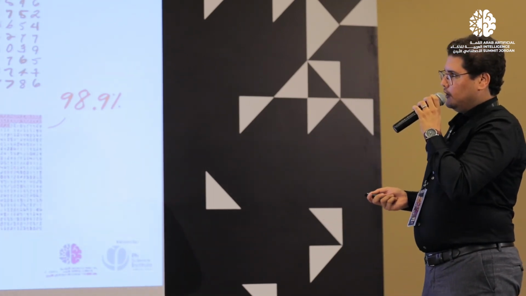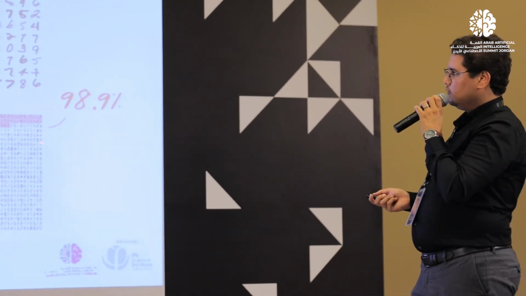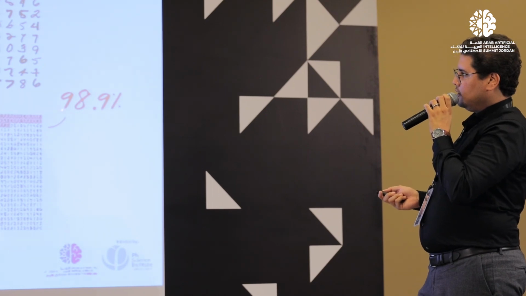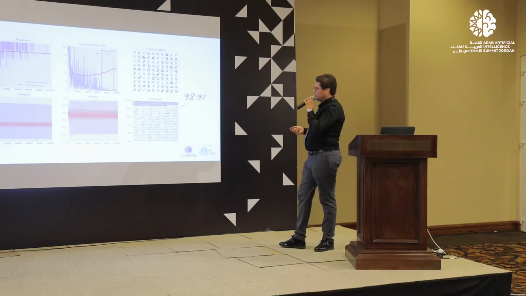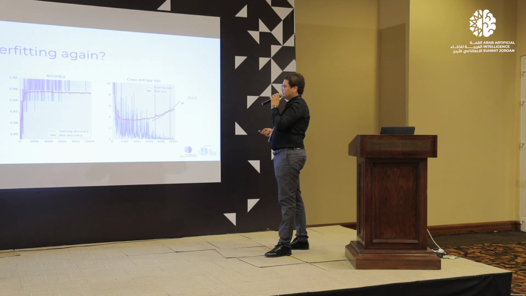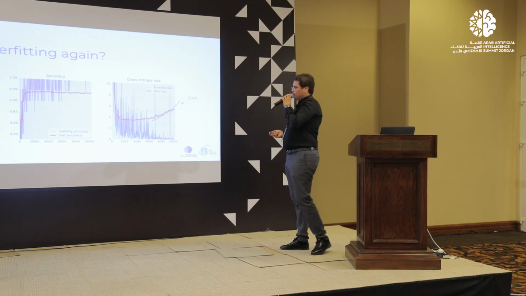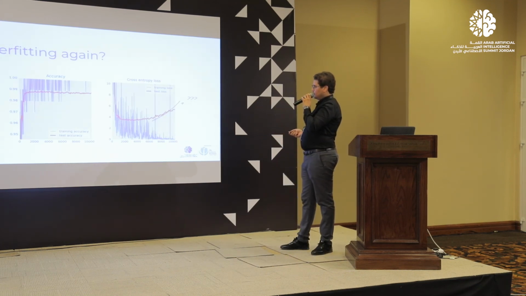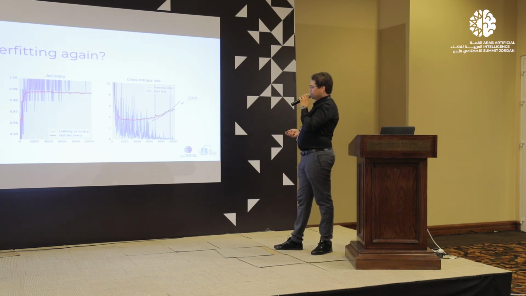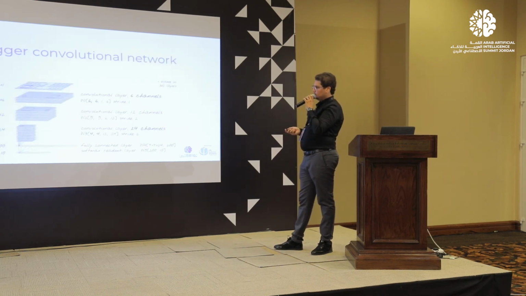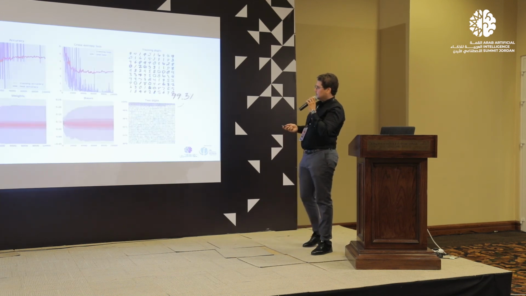Using this convolutional network, we are able to get 98.9% accuracy on the MNIST dataset. Here we will also find that we are facing overfitting. So what should we do again? We should add the dropout.